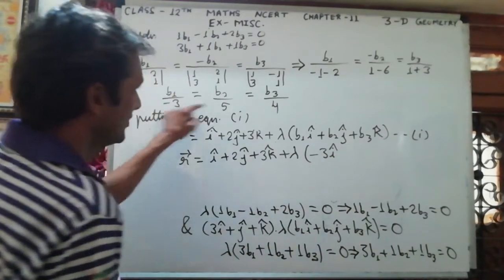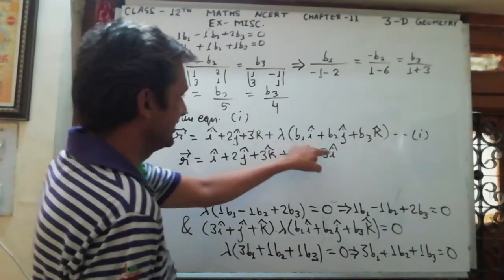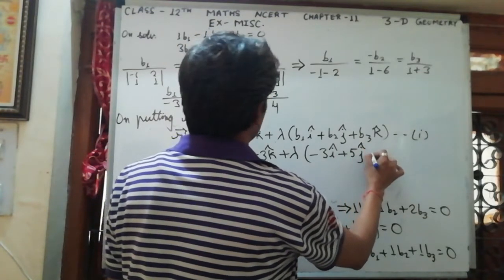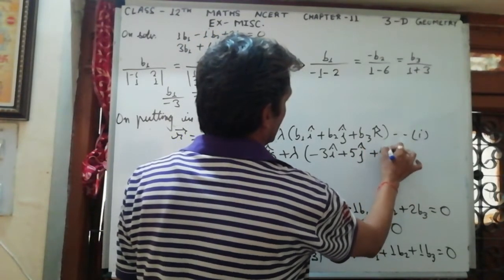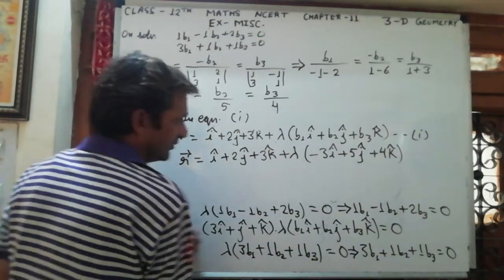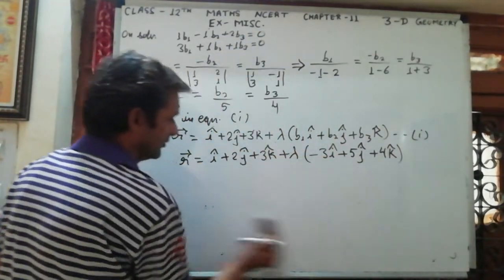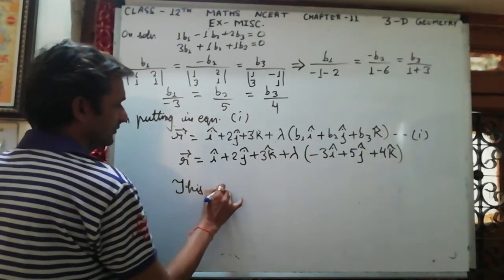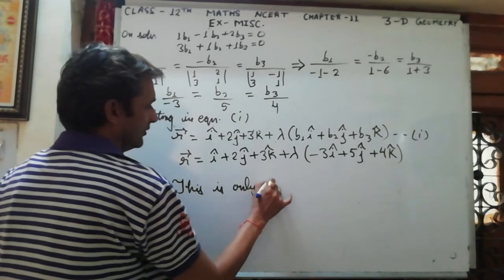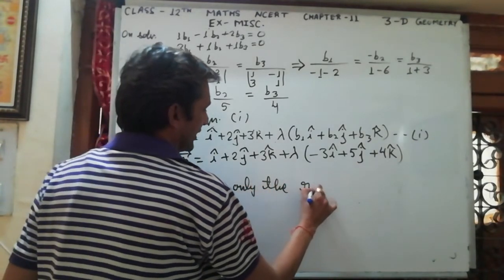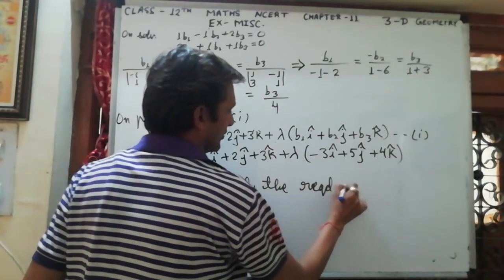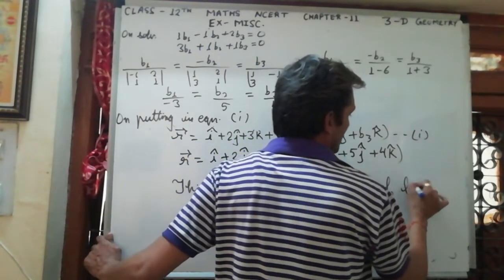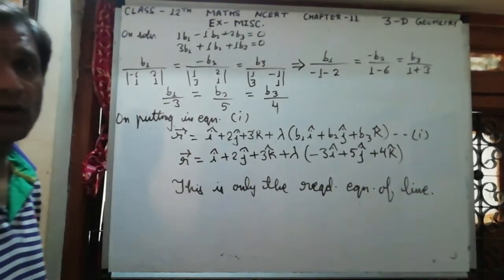These are the values of b1, b2, b3. So this is the required equation of the line. So this question is now over. It is a very important question.